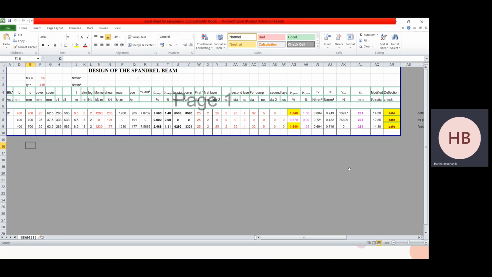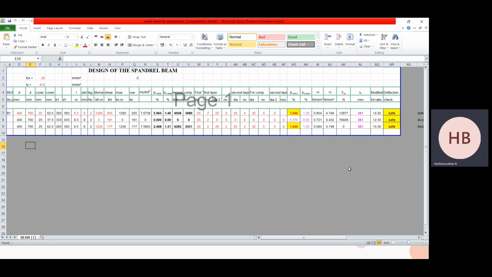Then Vus is found out by the formula Vus = Vu minus tau c into bd, whereas Vu is the maximum shear force and tau c is the value found above.